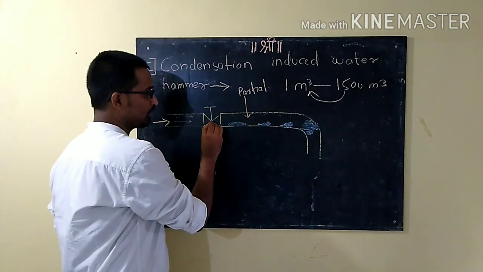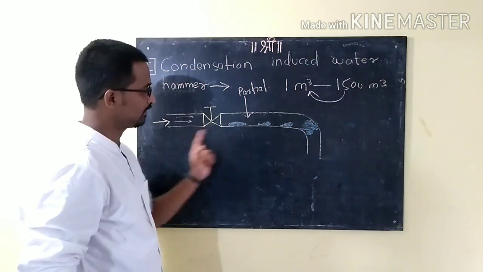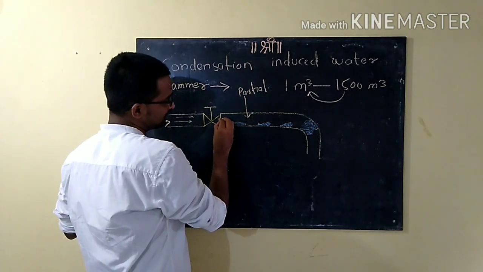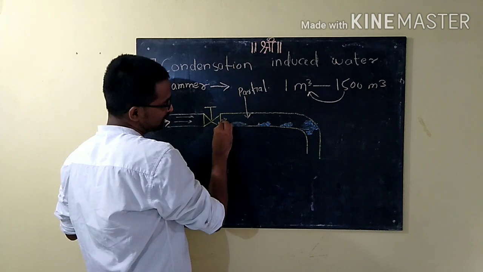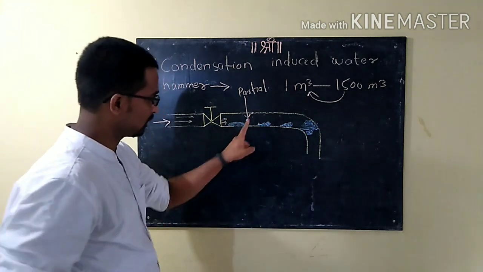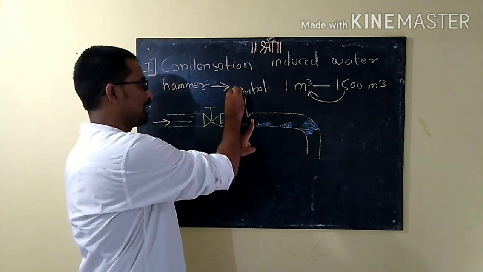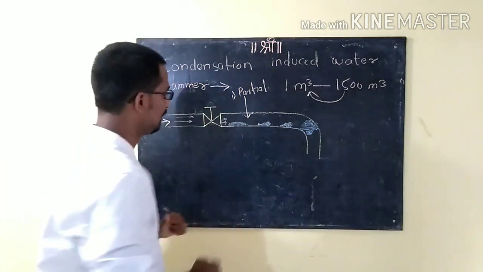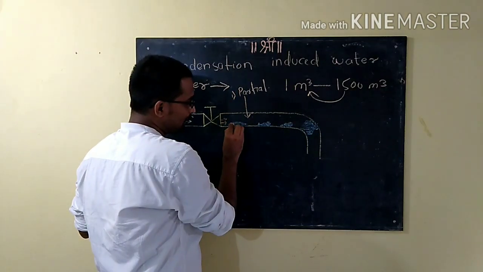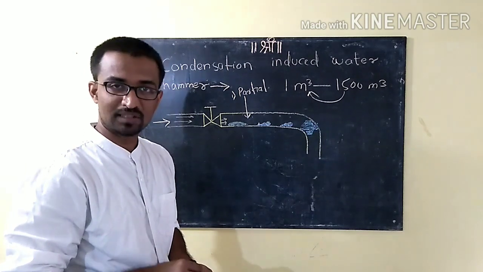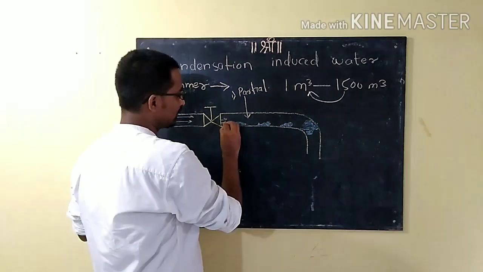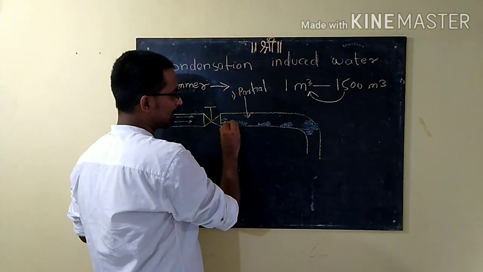So when you open this valve and steam starts to come, first of all it will rush because of the partial vacuum. Second, when it comes in contact with the condensate, some amount of steam again gets converted into water, means again condensed.